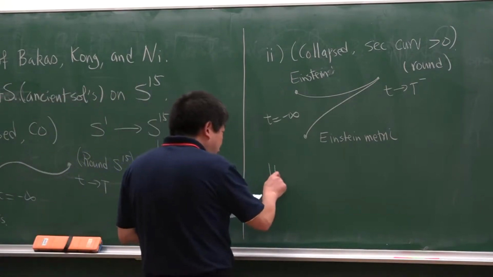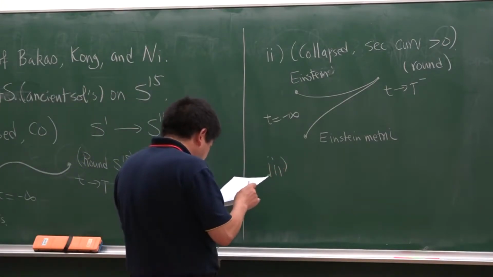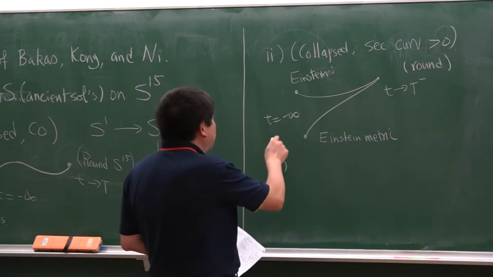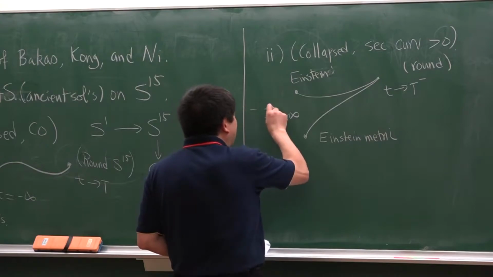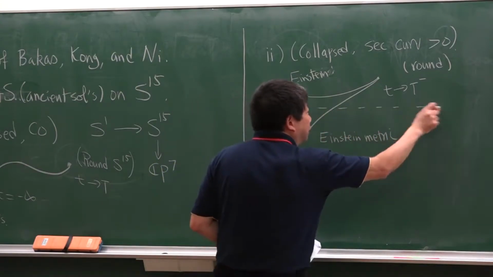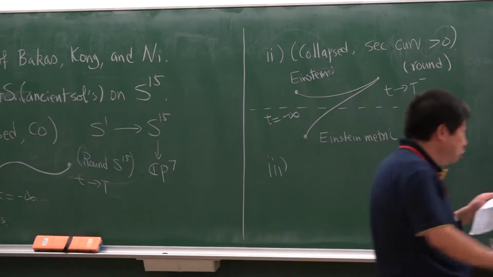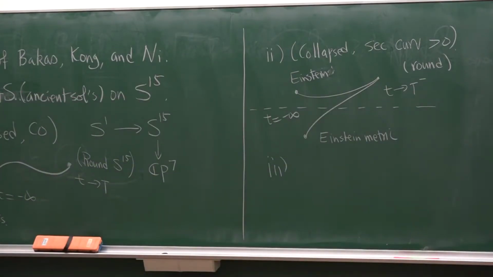Then the third one. So I should say this is the third one, from a different Einstein metric. So then the fourth one. Here you go from an Einstein metric.